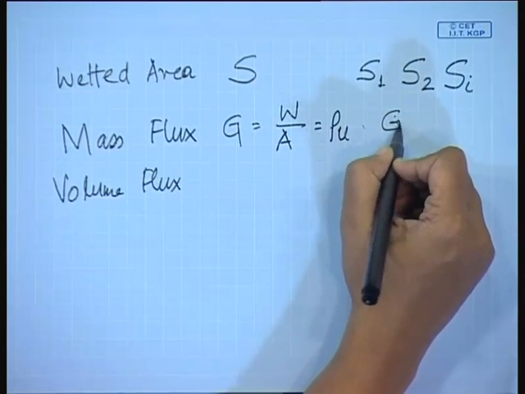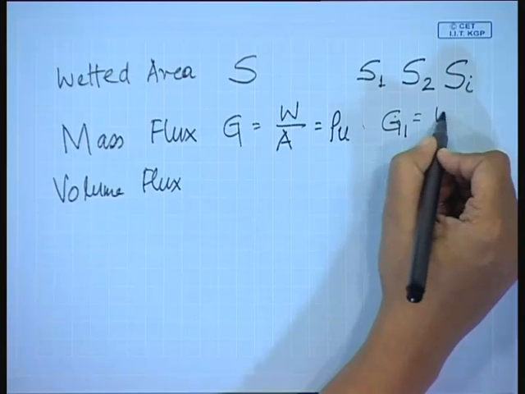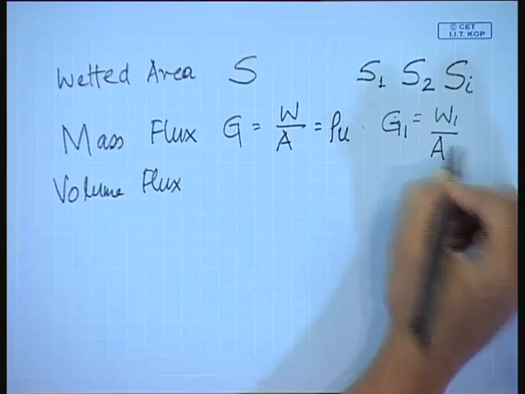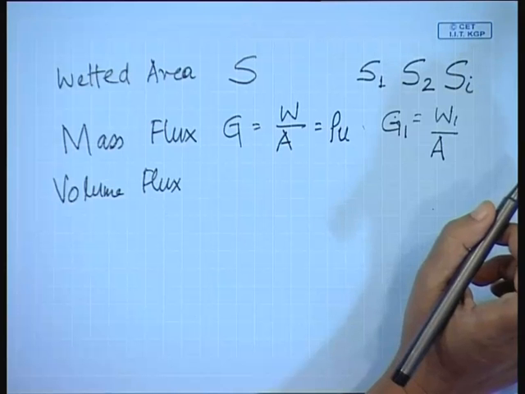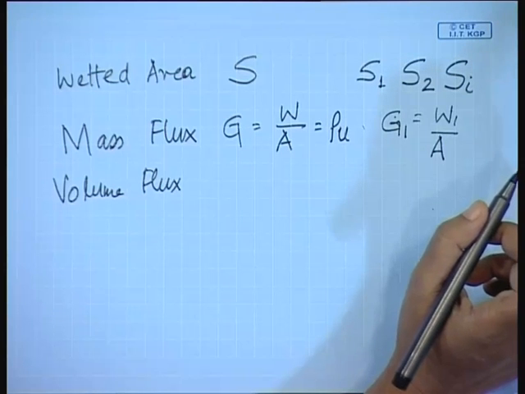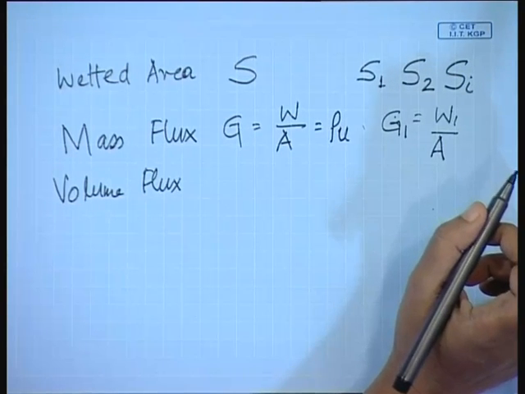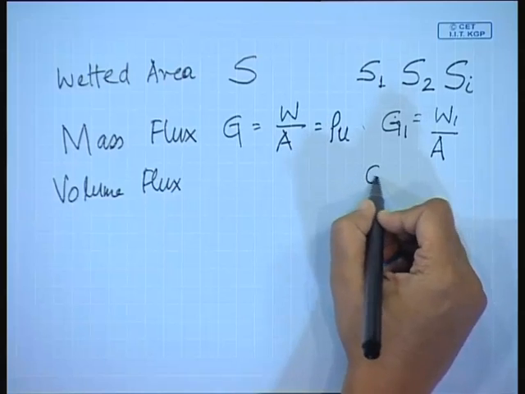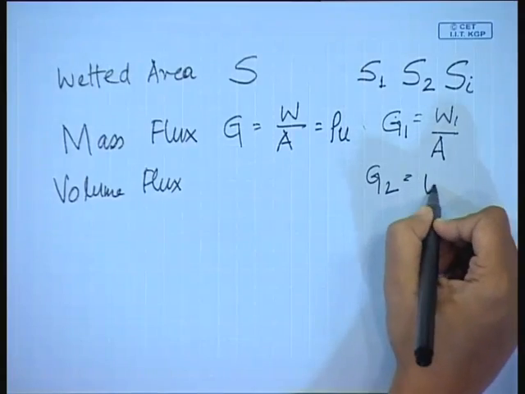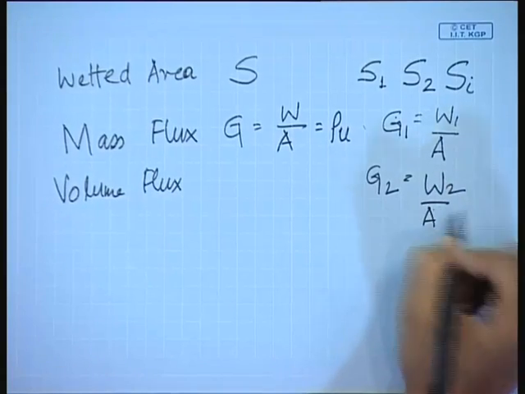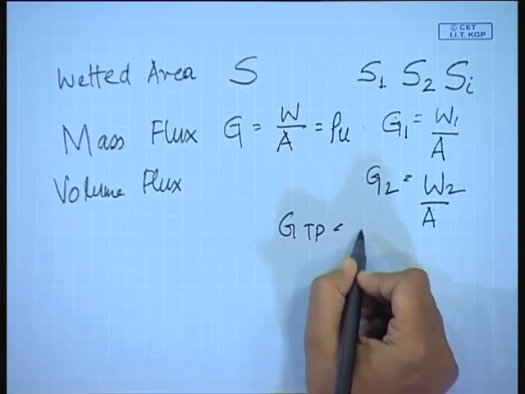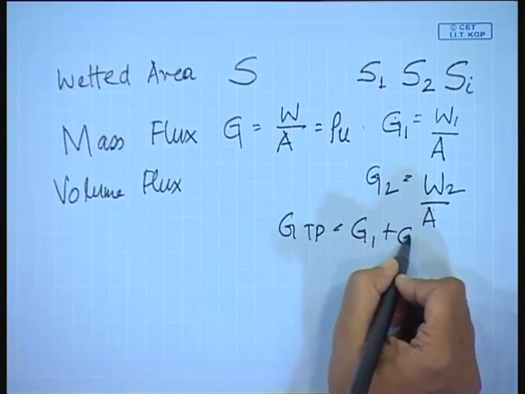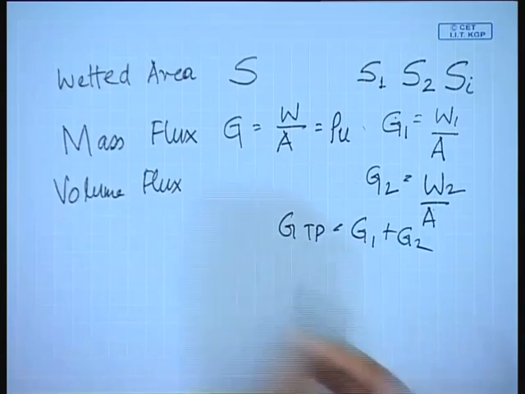We are going to have a G1 which is nothing but W1 by A. Mind it, they are all per unit cross sectional area, not per unit actual area which has been occupied. G2 is W2 by A, and finally we have GTP which is G1 plus G2, isn't it?